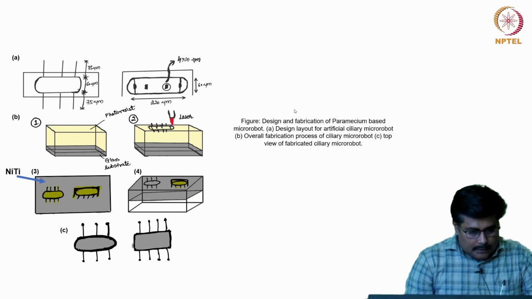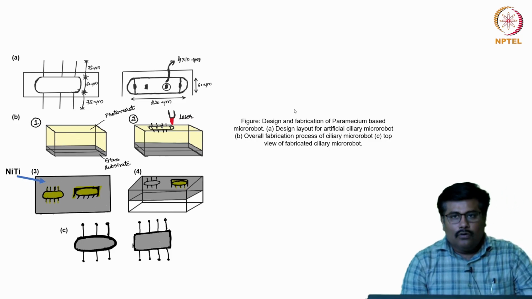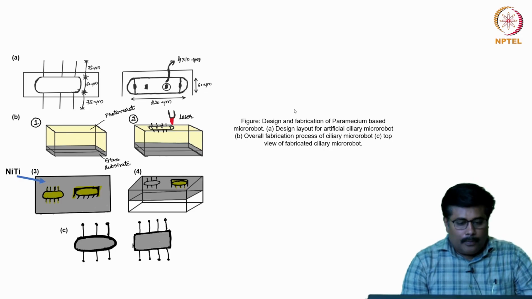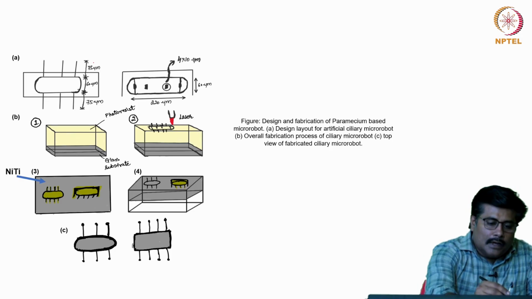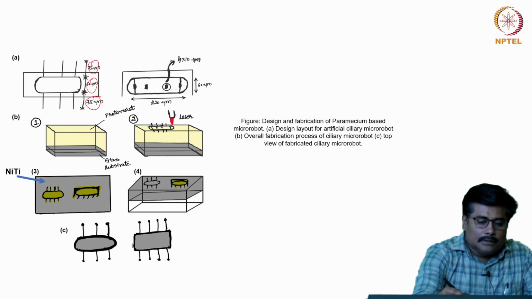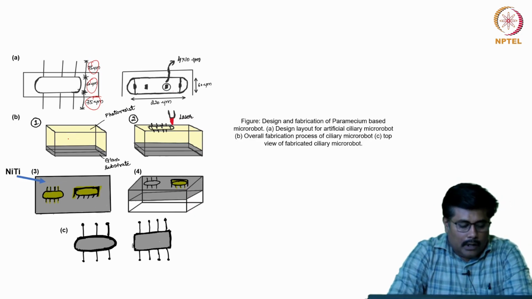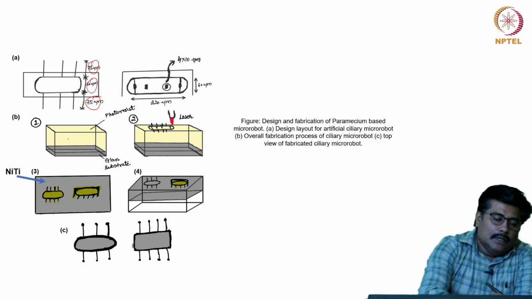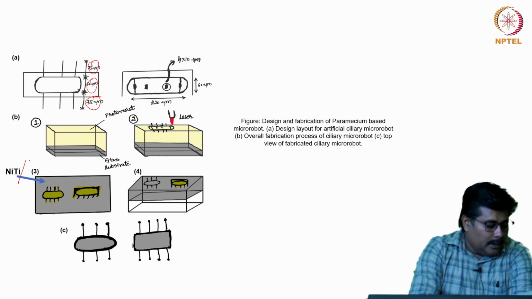In most of these cases, either photolithography or rapid prototyping is deployed. The features are in the range of 75 micrometers, 60 micrometers and 75 micrometers, and these are some of the structures being built here. In order to have appropriate actuations at certain times, shape memory alloy structures are also deployed.